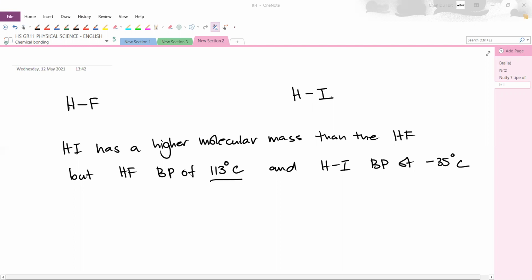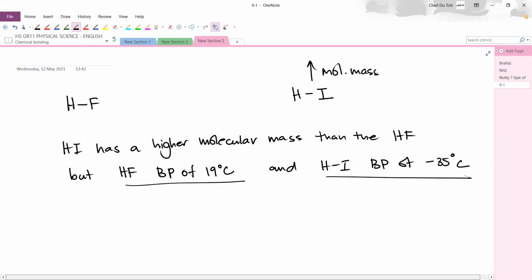It should be higher. Oh, this is 19 degrees Celsius. So it is still much higher. Why does the hydrogen fluoride have a higher boiling point than the hydrogen iodide, which has a higher molecular mass? Figure it out. I'll give you 2 minutes.